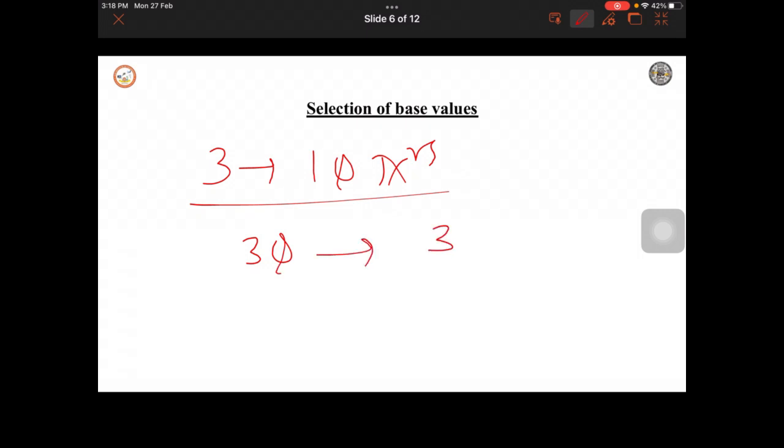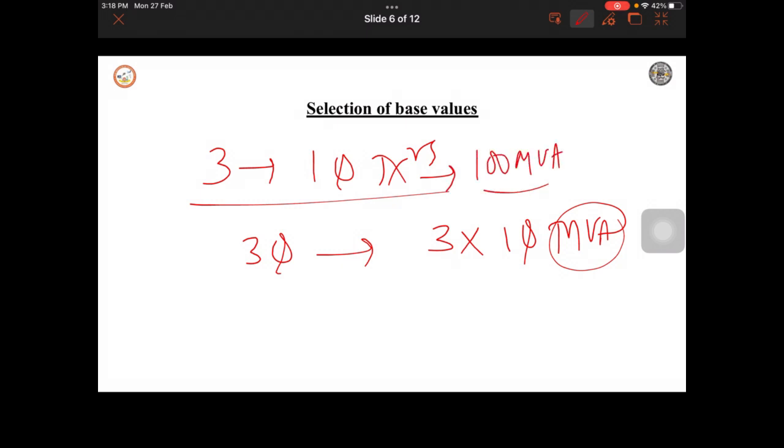Three phase rating is 3 multiplied by the single phase rating of the transformer, which is marked in MVA. Example, 3 single phase transformers, each single phase transformer is 100 MVA, then the three phase rating of that transformer is 3 multiplied by 100, that is 300 MVA.